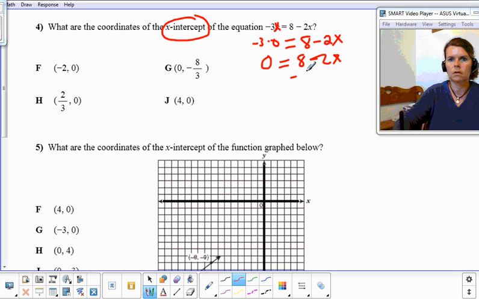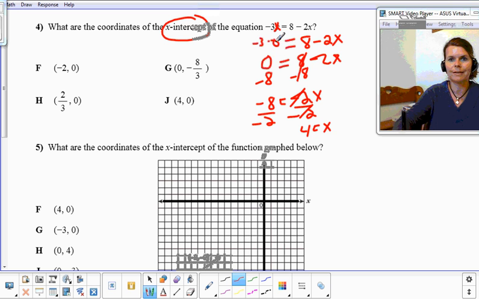So minus 8 to both sides. Negative 8 equals negative 2x. Divide by negative 2. And negative 8 divided by negative 2 is positive 4. That's your x. And as I said, your y is 0. So 4, 0. Okay.